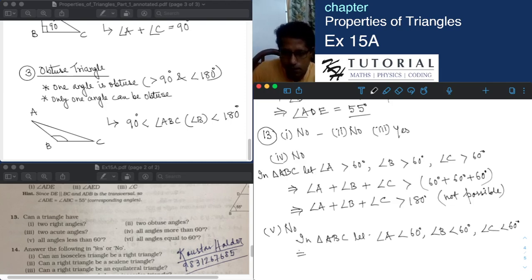So this will imply that angle A plus angle B plus angle C will be less than 60 degrees plus 60 degrees plus 60 degrees.